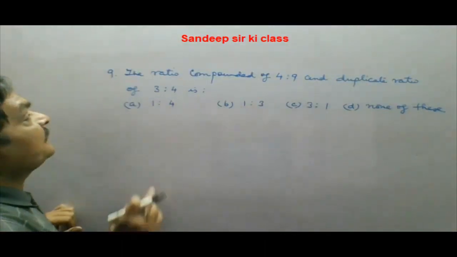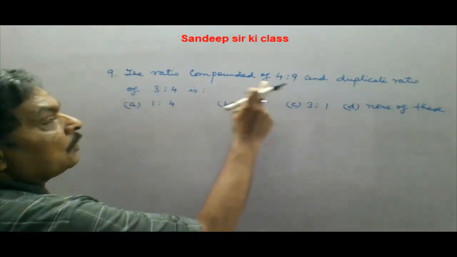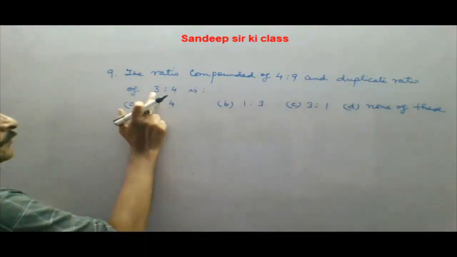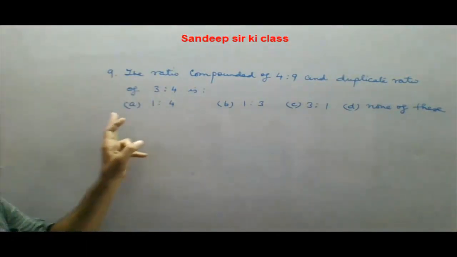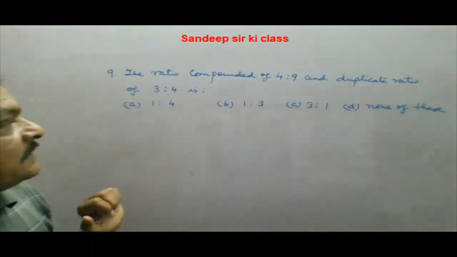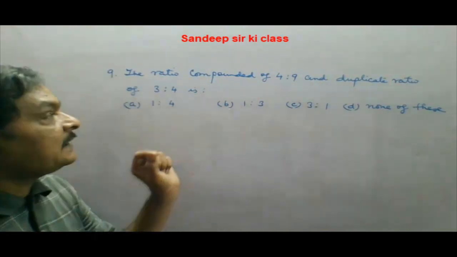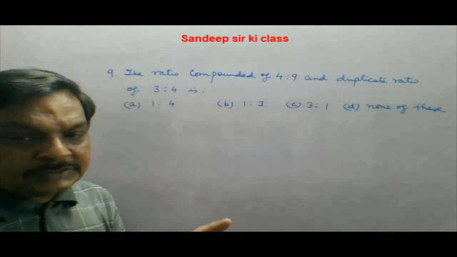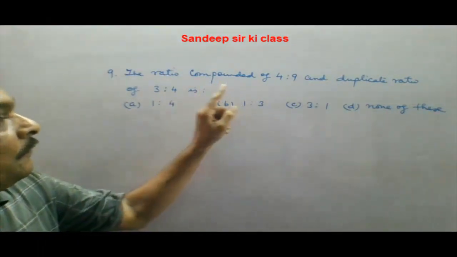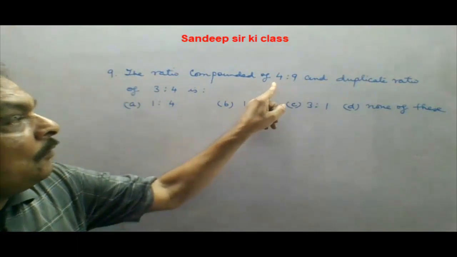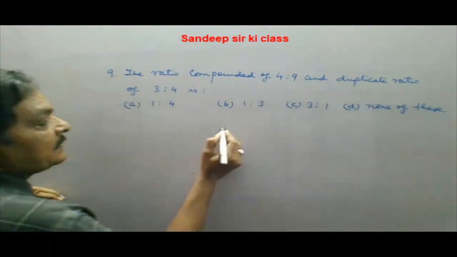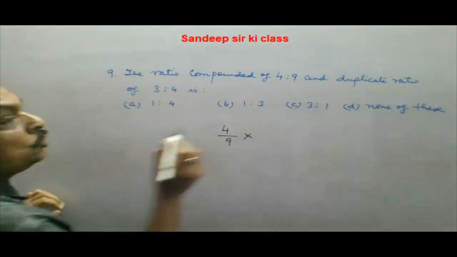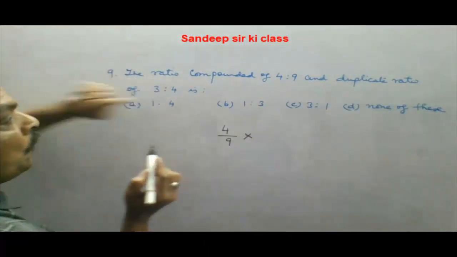Question number 9 is: the ratio compounded of 4:9 and duplicate ratio of 3:4 is, and these are 4 options given to us. Now we know that the compound ratio is when 2 or more ratios are multiplied. Now we are to multiply here 4:9, that is 4/9, with the duplicate ratio of 3:4.